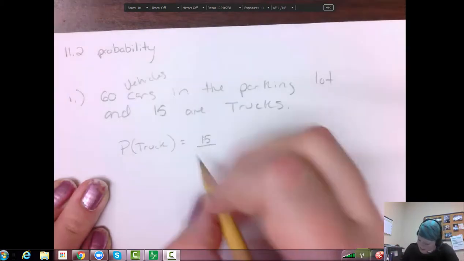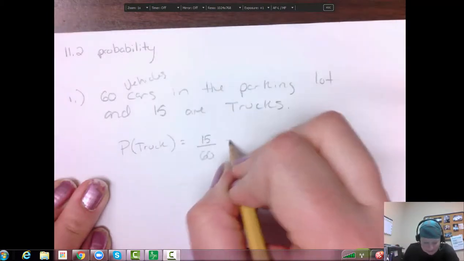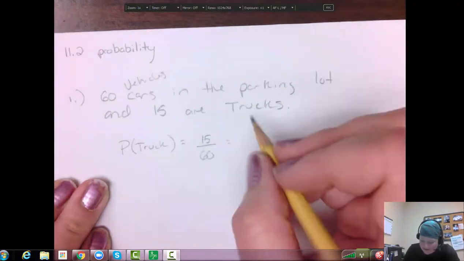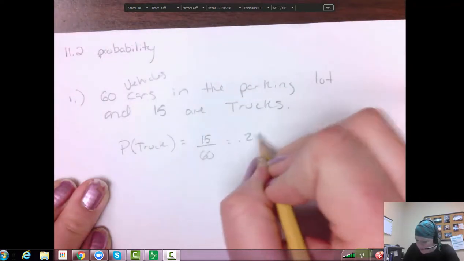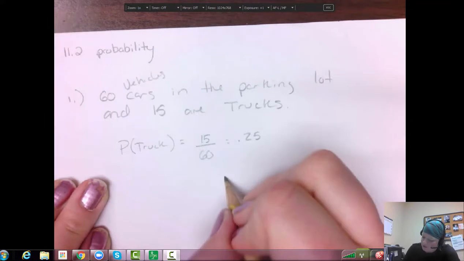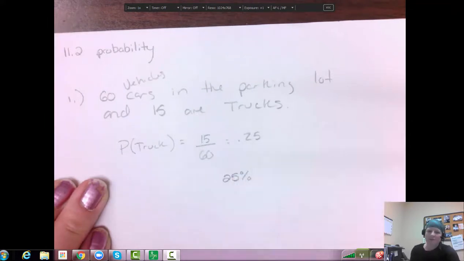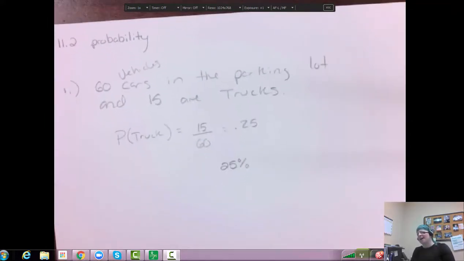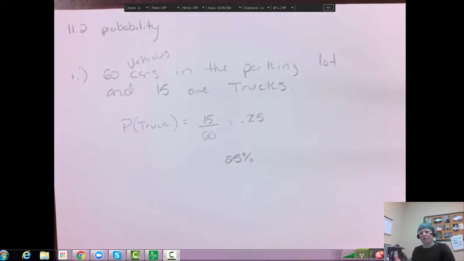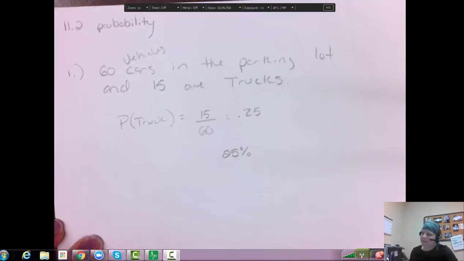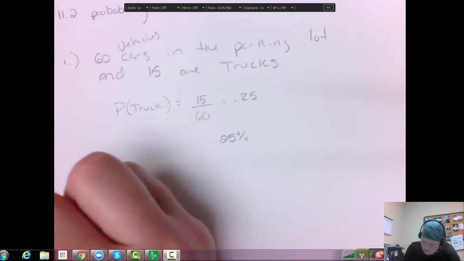The sample space is 60. And that's our probability. So I can divide this and I'd get 0.25, which is the same as 25%. I think a lot of your answers have to be put out to the third decimal place in Math Excel. So I think that's how they did a lot of them.